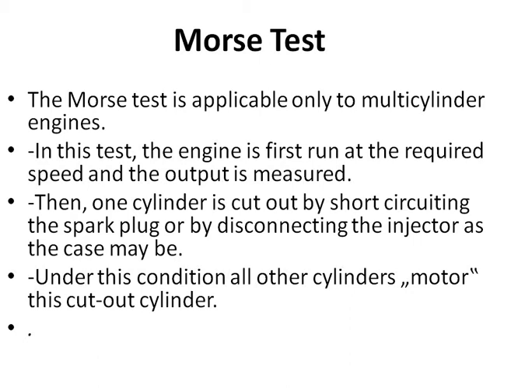That is, one cylinder is cut off by short circuiting the spark plug or by disconnecting the injector. Under this condition, all the other cylinders are in the working condition. Only one cylinder is not working. Say that the first cylinder is not working. Therefore, we get the indicated power of the other 3 cylinders.